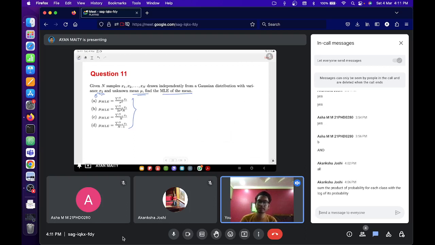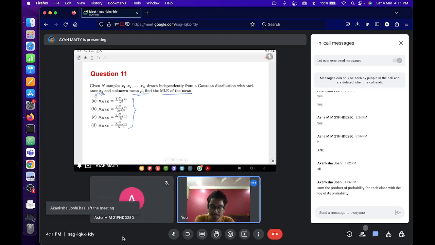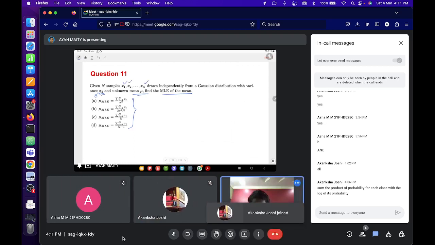Has anyone of you computed this? The method that we have to follow for finding this MLE for mu is that x1, x2, xn, all the points are drawn from the same probability distribution.